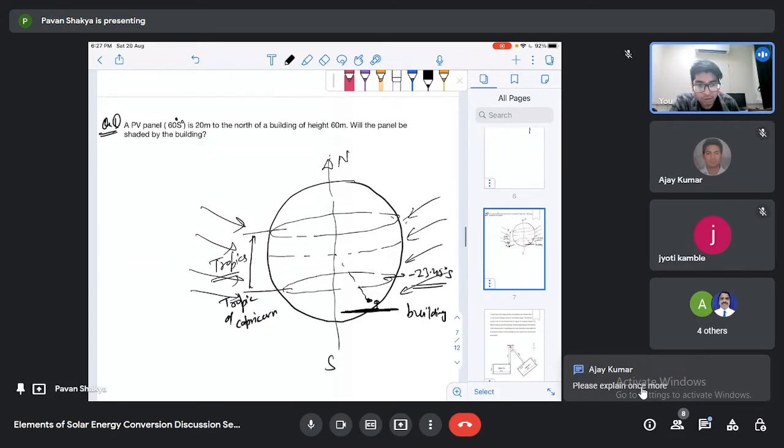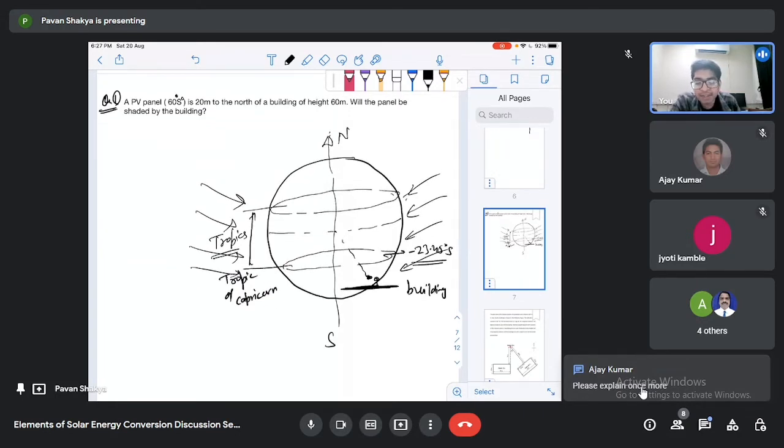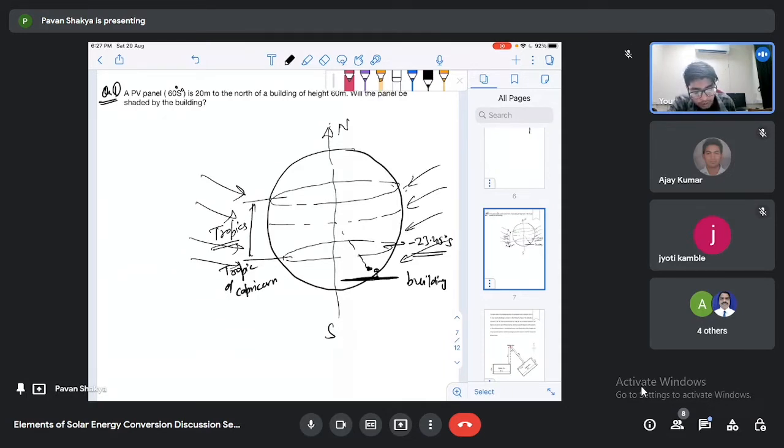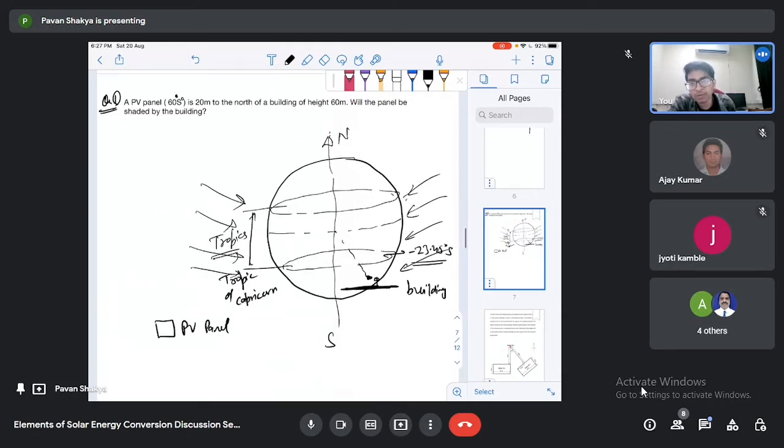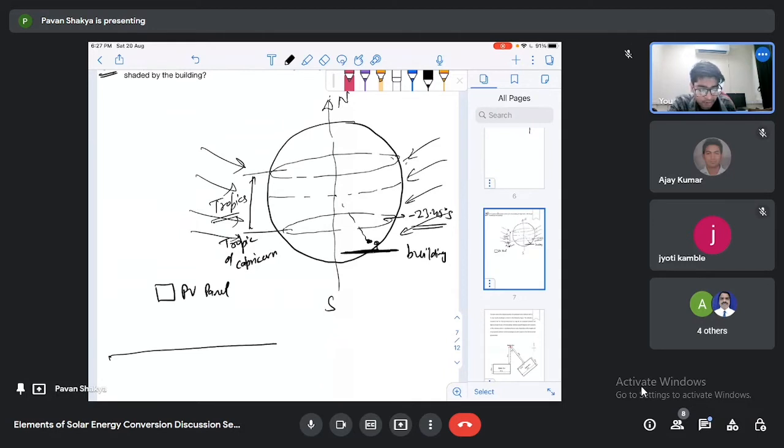Let me explain once more. In the problem it is given that a PV panel is 20 meter to the north of a building. Suppose this is our PV panel. If the question is saying that this panel is north of the building, then what does it mean? That the building will be south of this panel.